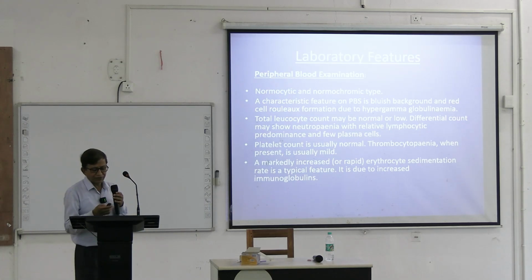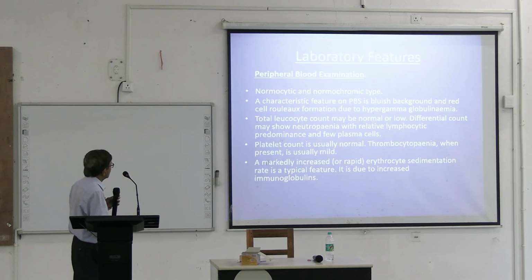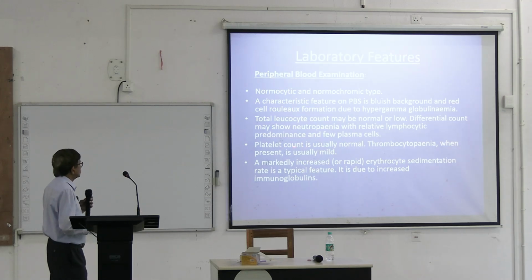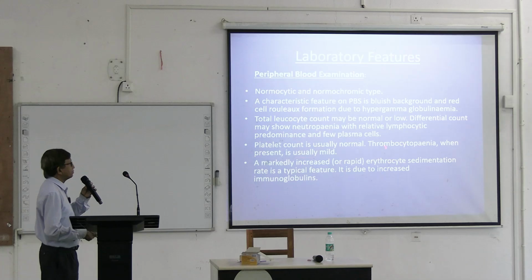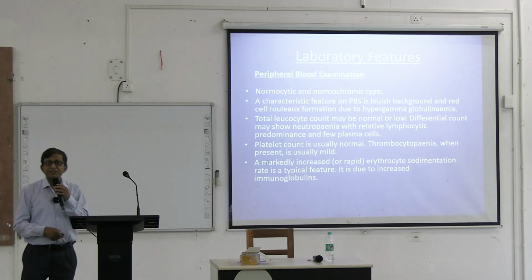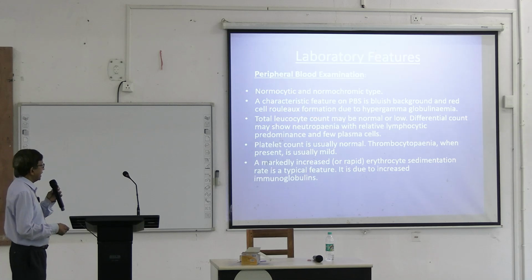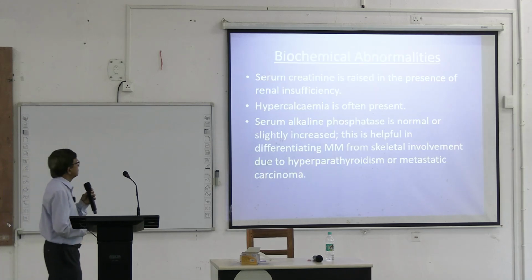Don't mug up everything. So you know what happens to platelets. By now you can design yourself. What happens to platelets? ESR is high. Otherwise, this is a normal picture.